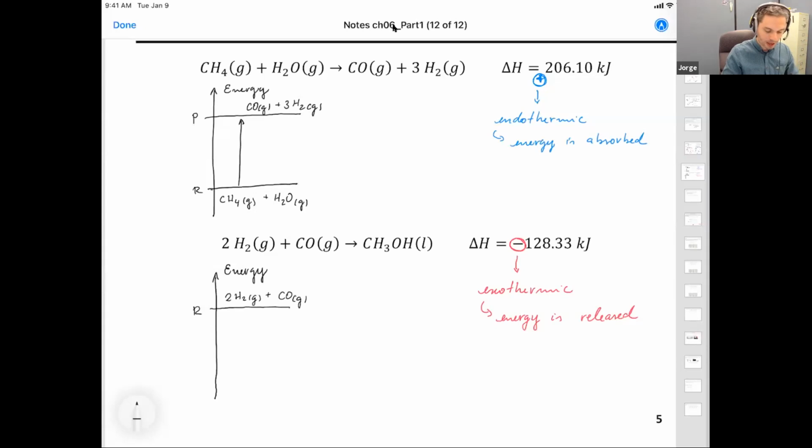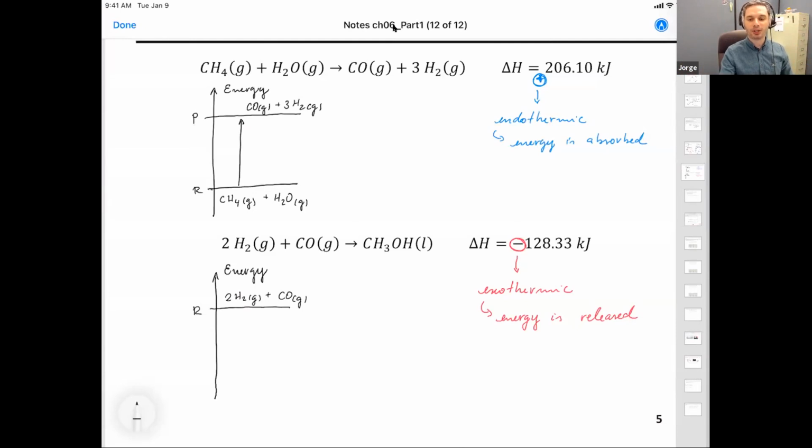So we have here hydrogen and carbon monoxide in the gas state, and that produces only methanol. Now we have to decide if the energy of the methanol is below or above the energy of the reagents. Think with me.